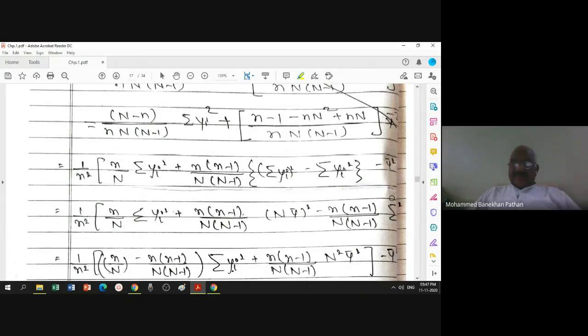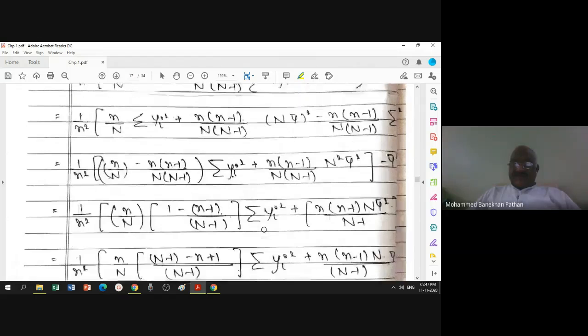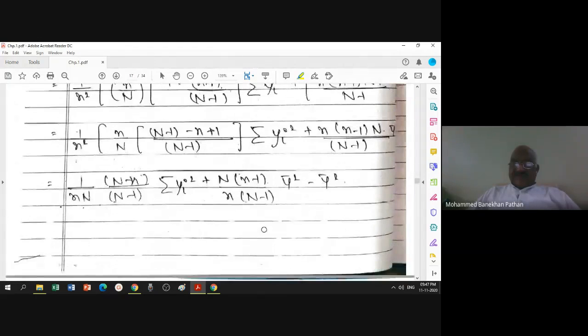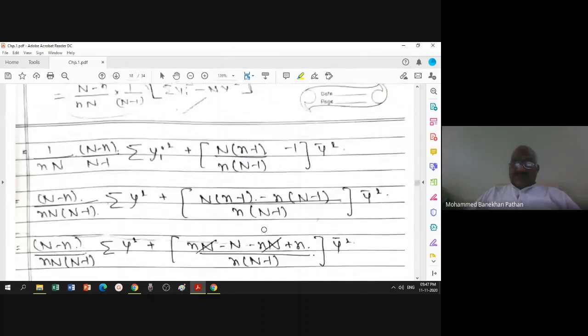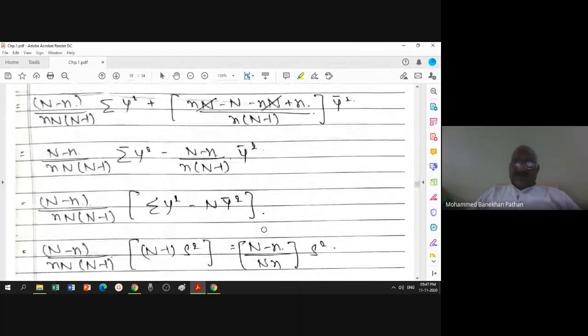If you simplify this, at the last your expression will come like this. You take the page and try to derive this one by one. If you have doubt, you can discuss with me by coming at any time to the college.